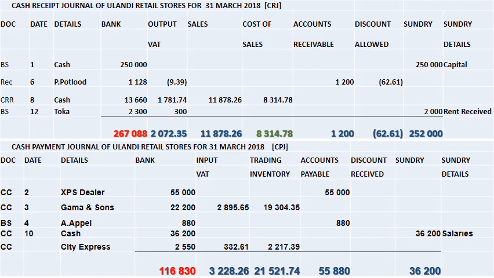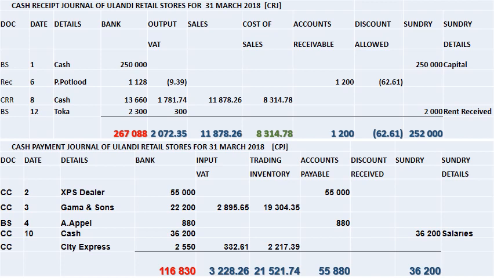To arrive at a total of 267,088 rand. The total for output will be 2,072 rand 35 cents. The total for sales, 11,878 rand 26 cents. The total column for cost of sales, 8,314 rand 78 cents. A total for accounts receivable after we've added all entries, 1,200.